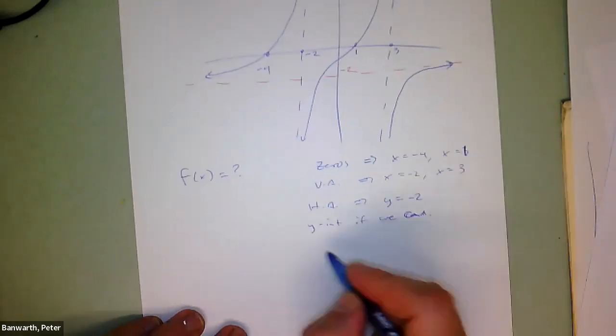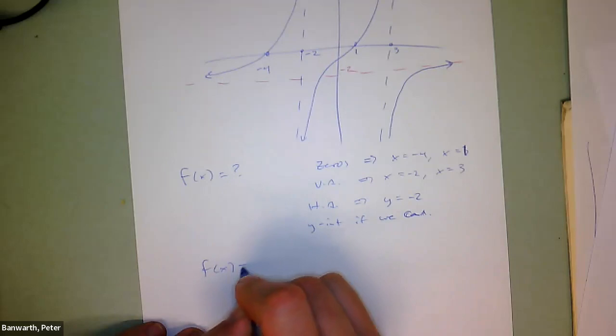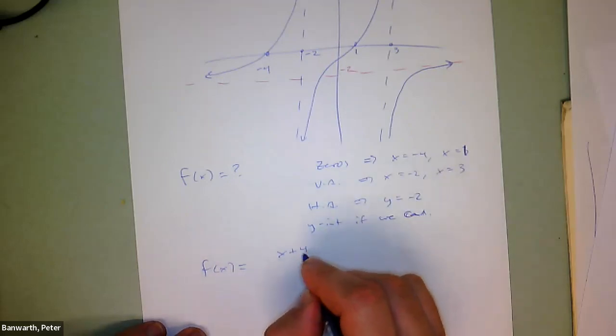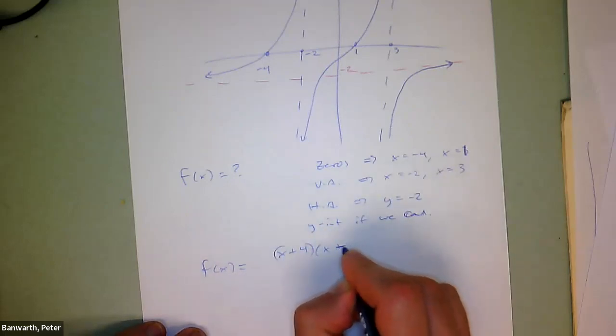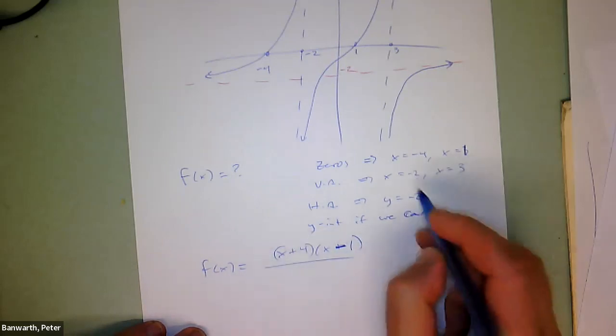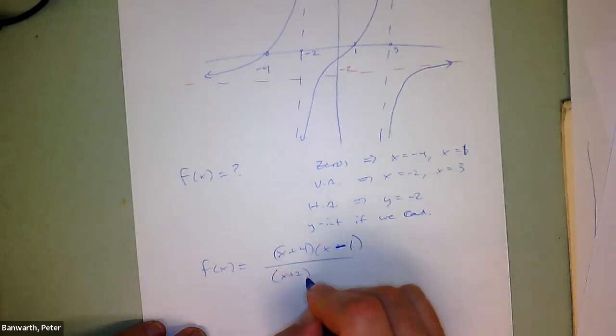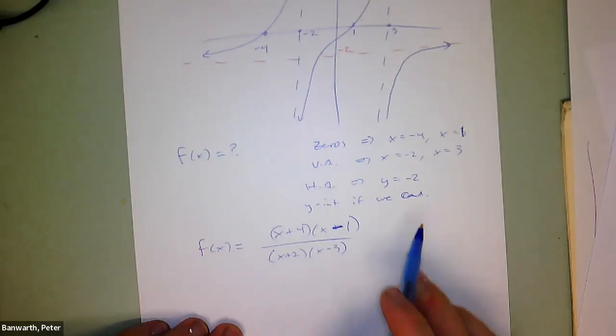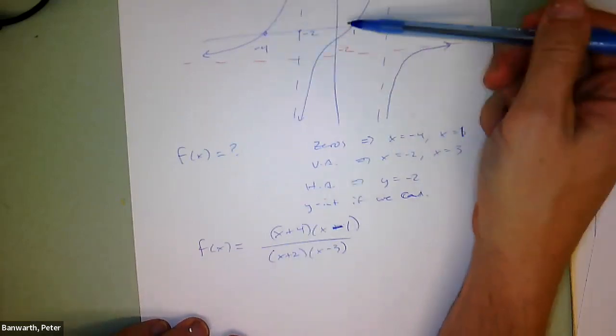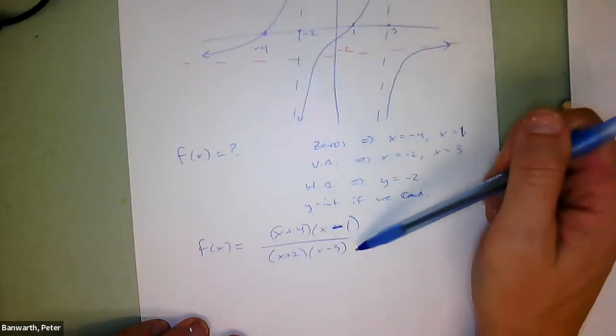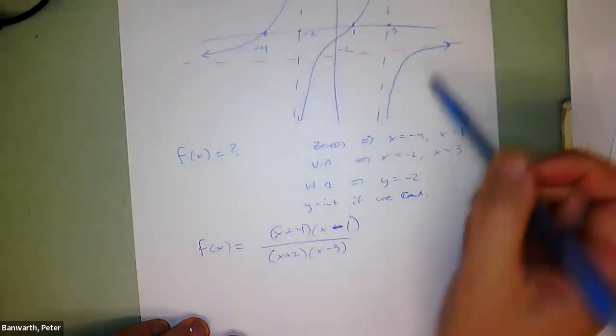Now I can put this information together. As I put my zeros in the top, x plus 4 times x minus 1, divided by x plus 2 times x minus 3. It cuts through, so that all makes sense, and it should end up at -2.